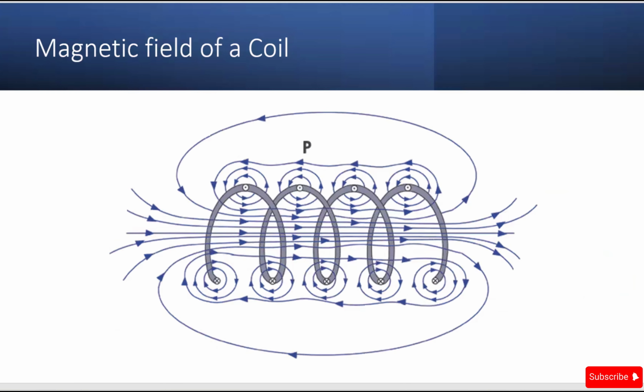Let's understand it here. For example, we now have a coil, and you can understand that you are just turning your wire in this way to develop a coil.